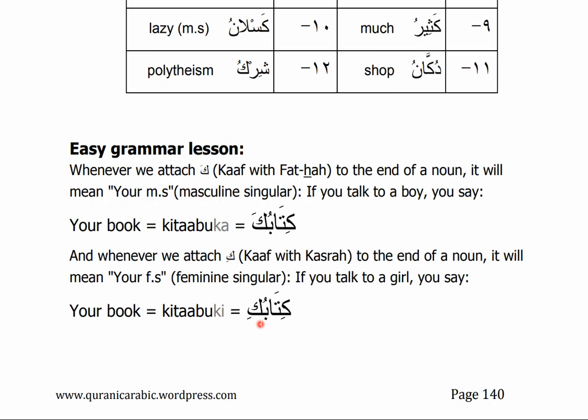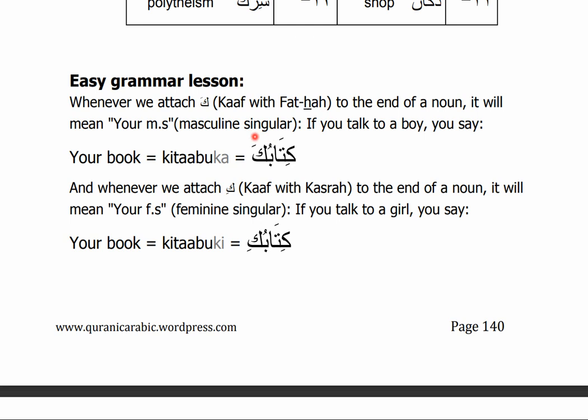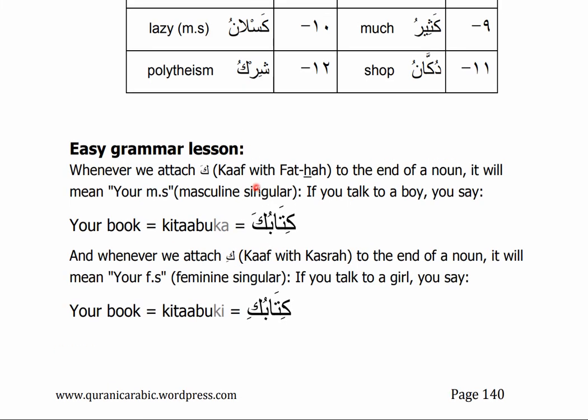Now here you can see is a small lesson in grammar. So when you come and see some words here, for example, a word is given as kitab, and when kitab is attached with kaf, especially with fatha, this is actually a damir or a pronoun in Arabic, and it looks like the letter kaf, but it's not kaf.